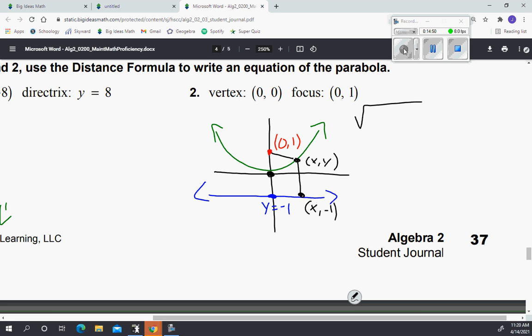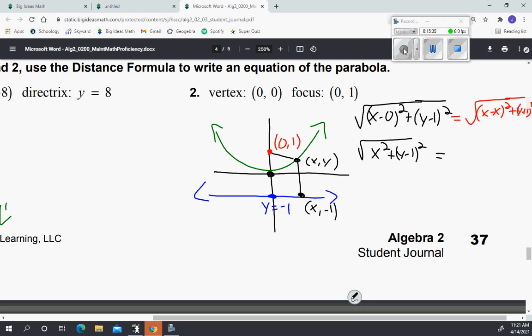I have the square root of x minus 0 squared plus y minus 1 squared, that was from my focus to my parabola, is equal to the square root of x minus x squared plus y minus negative 1 squared, or y plus 1 squared. Clean that up. We get the square root of x squared plus y minus 1 squared is equal to, x minus x is 0, so we have y plus 1 squared.